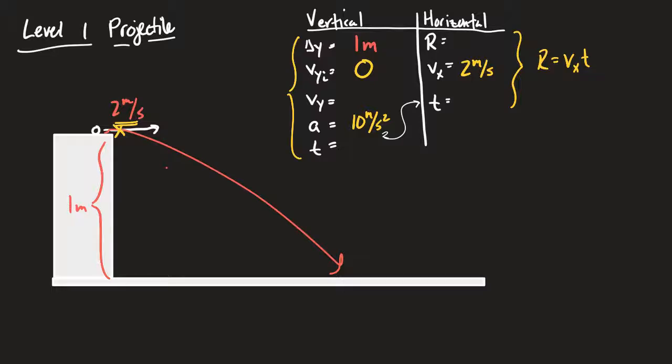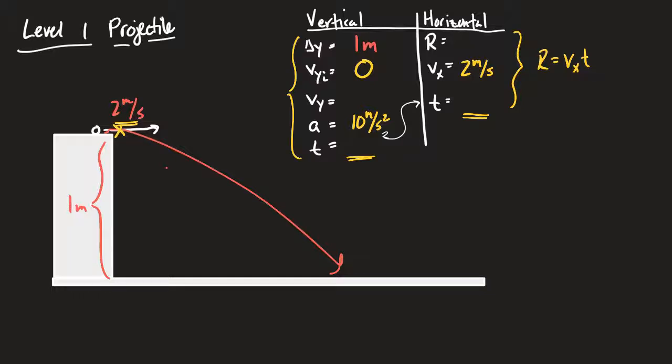So now the actual question. How do we figure out where it lands? And this part's critical. The time it takes to go up and down is equal to the time it takes to go sideways.